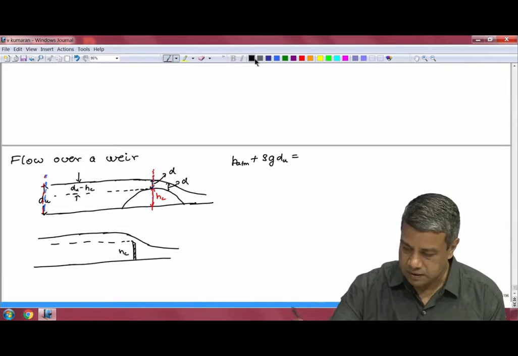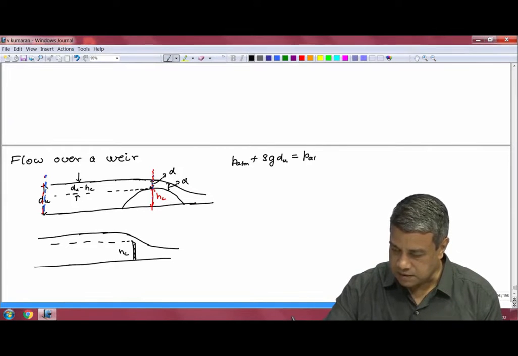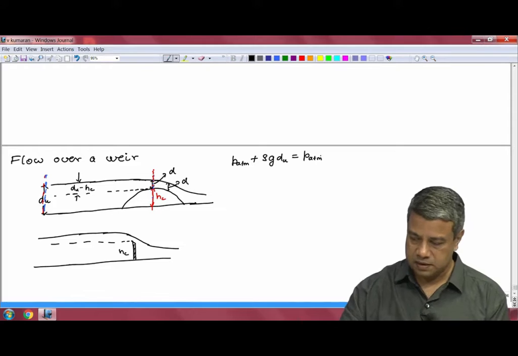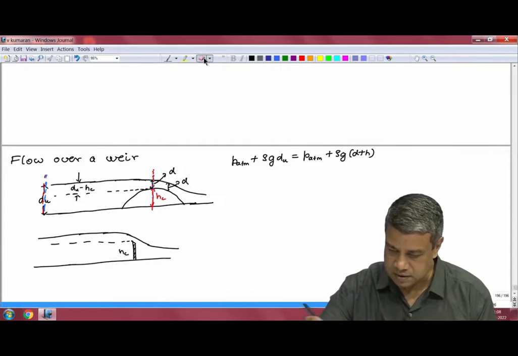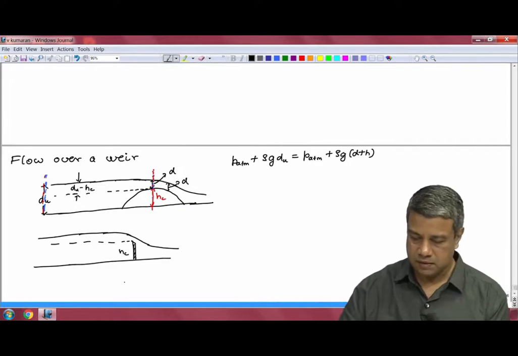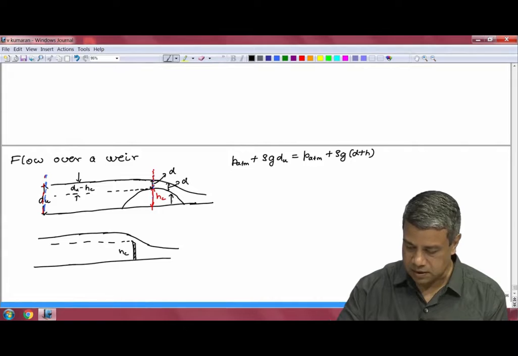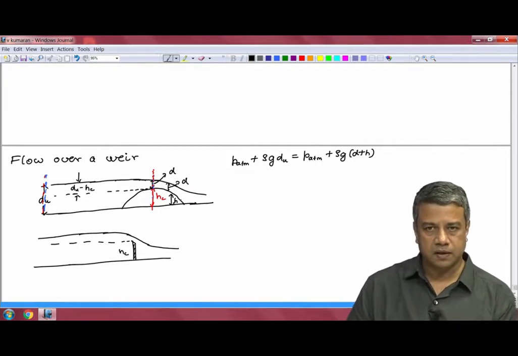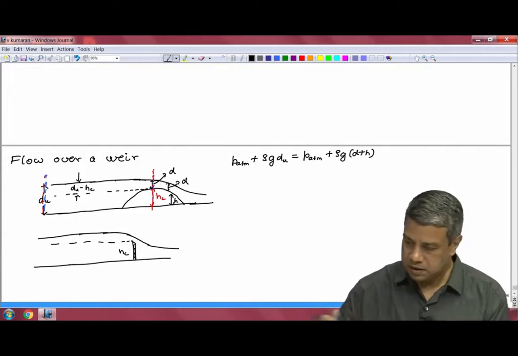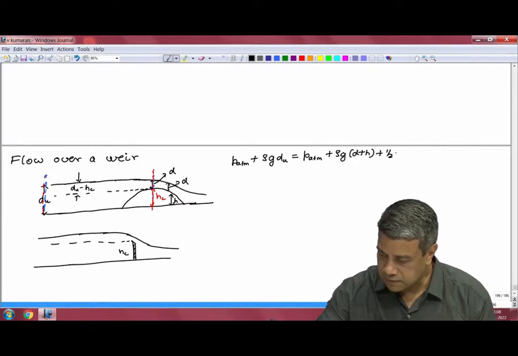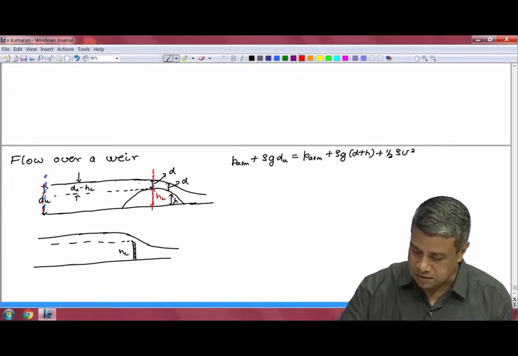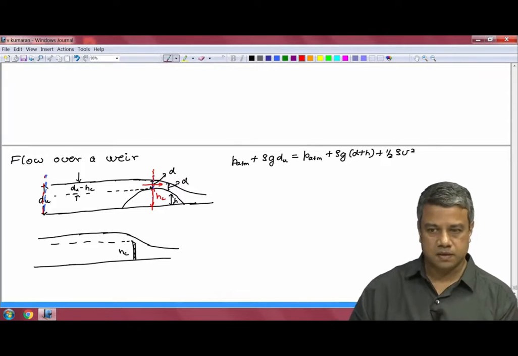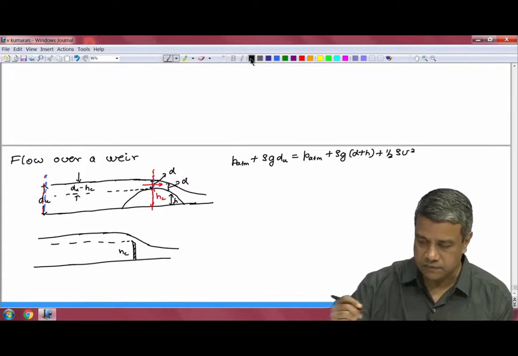So, I have here the pressure at the surface is just still P atmospheric pressure plus rho g into d plus h, where h is the local height at a particular streamwise location, plus half rho v square, where v is the velocity with which this water is flowing over the obstruction.